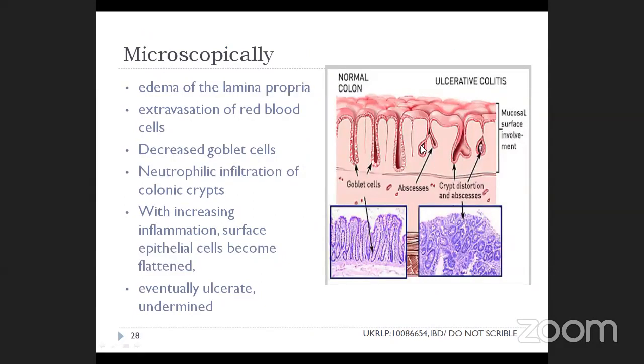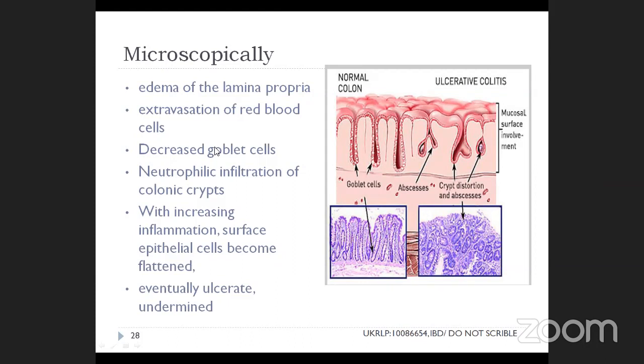The crypts become bifid when there is chronic inflammation. There is a chance of crypt abscess formation, and there can be neutrophilic infiltration in the colonic crypts. So these are the classical pathological features of ulcerative colitis when we see it under the microscope. There can be edema of the lamina propria, which is not classical, and is common to both ulcerative colitis and Crohn's disease.